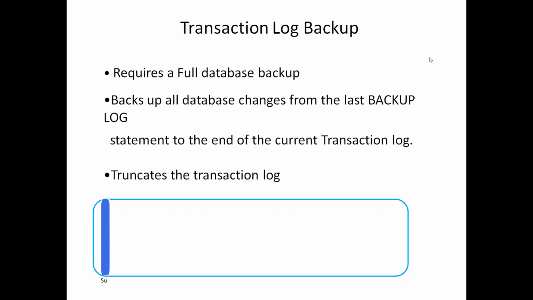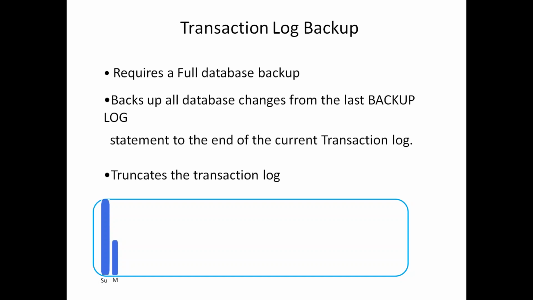So I've got a full backup from Sunday, and have taken a log backup on Monday. I'm not using a differential backup here. I'm using the combination of full and log backups.